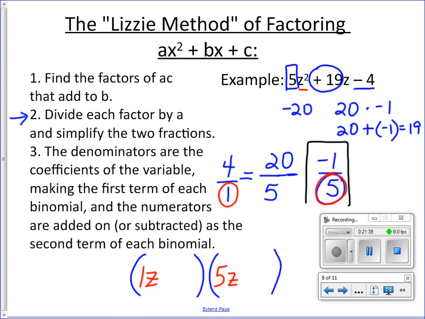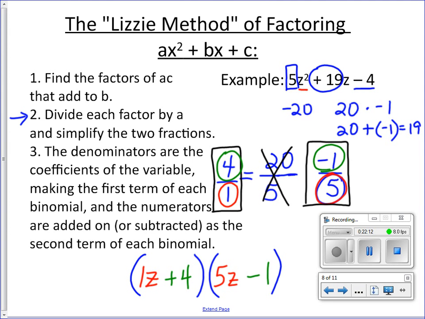It might help if we put our fractions in boxes. The 20 over 5 right here reduces to 4 over 1, so we're done with this at this point. All right, so circled in red, our denominators become the coefficients of our z term, and then our numerators go with it. So plus 4 and 5z minus 1.